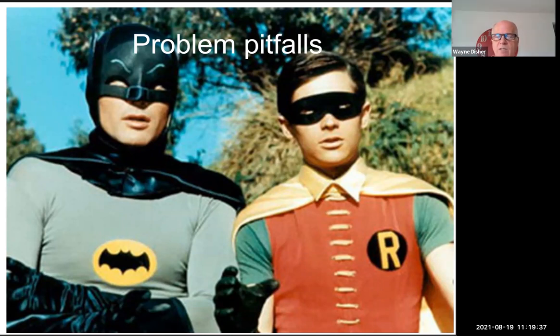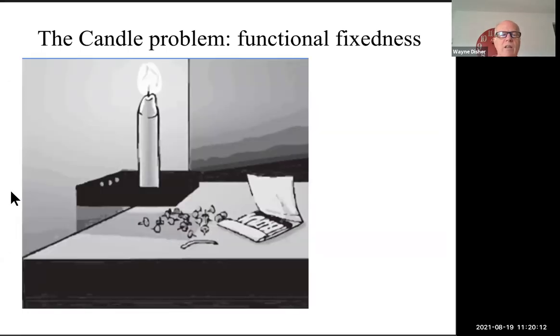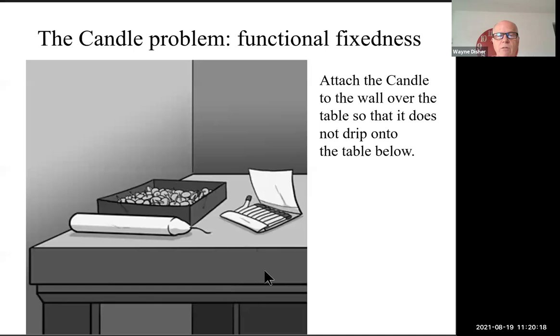So let's look at functional fixedness here. The candle problem. Attach the candle to the wall over the table so that it does not drip onto the table. Go ahead and stop the recording playback if you want to think about this. Now, when solving this problem, students often don't see this particular item on the table as a way of solving this problem, when indeed they saw this as only a box for containing tacks in the previous picture.